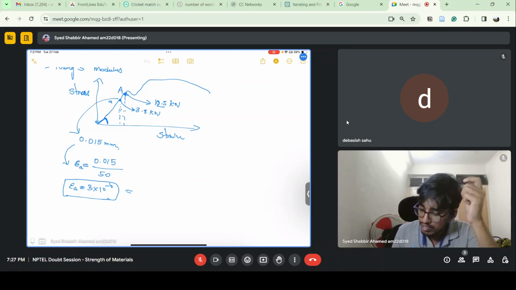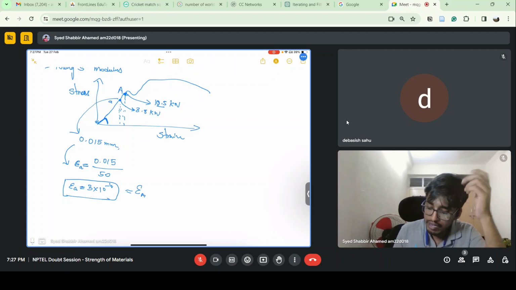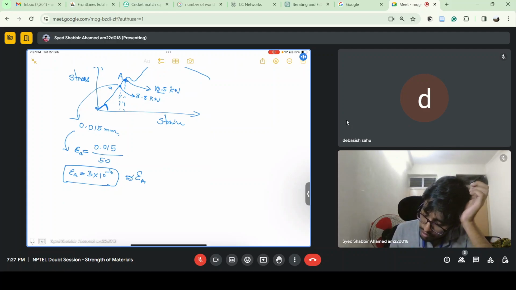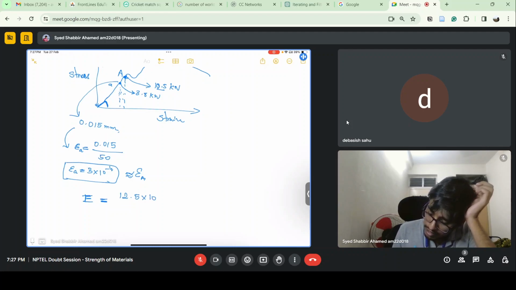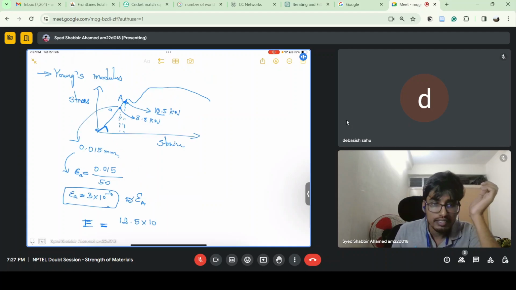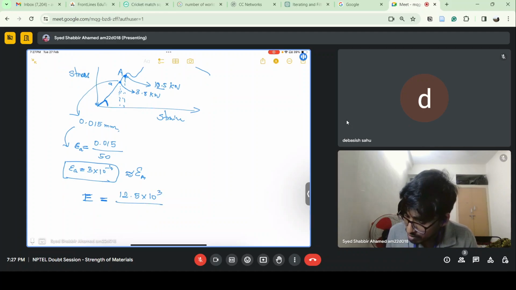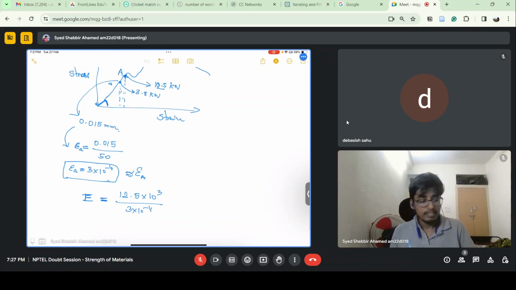So I'll consider the strain at small a nearly equal to the strain at capital A. And Young's modulus is basically the slope, tan theta. Tan theta is opposite side by adjacent side. So here the opposite side is the load, 12.5 kilonewton, divided by 3 into 10 to the power of minus 4.